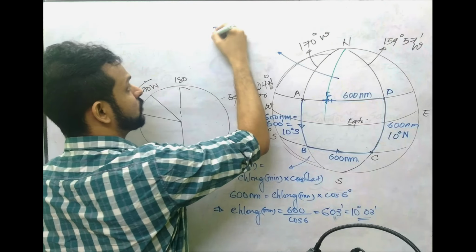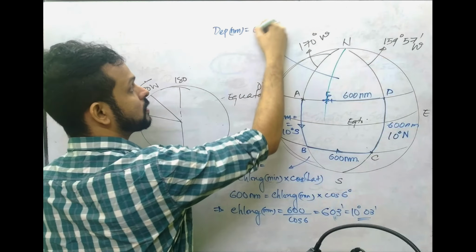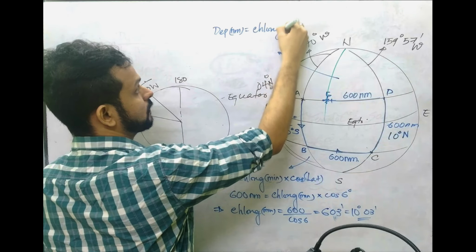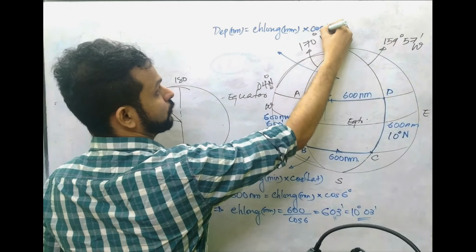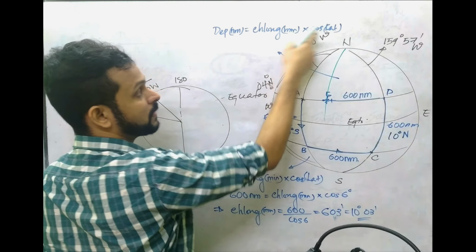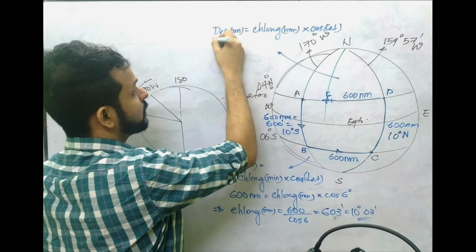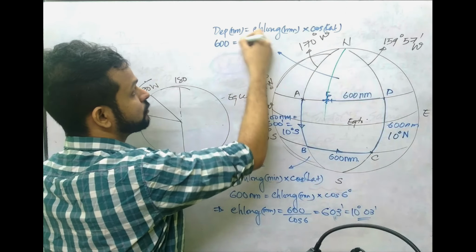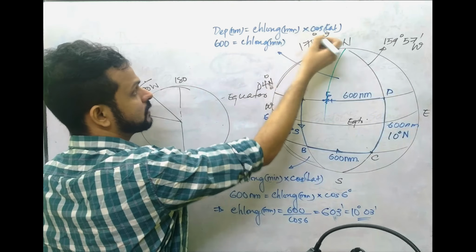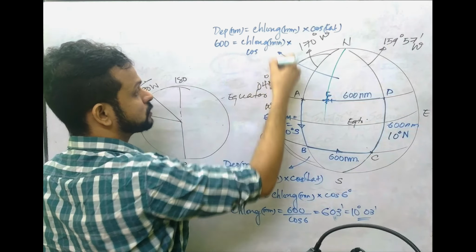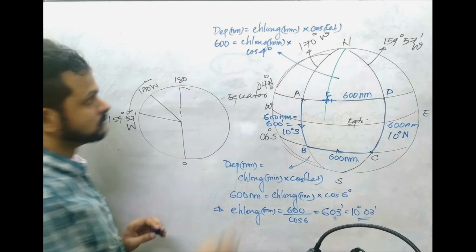So let's find that out. Again, the departure equation, departure in nautical miles is equal to, yes, what is it? Change in longitude in minutes into cos of latitude, right? Be very careful with this being in minutes as well as a trigonometric function; for departure it is cos, right? So departure is 600 nautical miles, equal to the change in longitude in minutes multiplied with cos of 4 degrees.